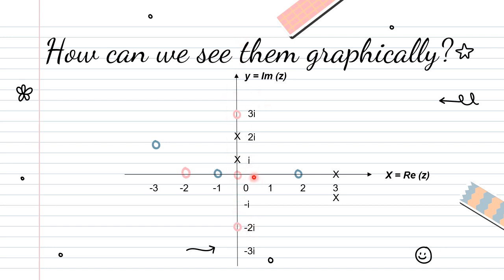So here, if we're talking about a zero and we say the point -1 is a zero, we go until that point and we draw a little circle over there.